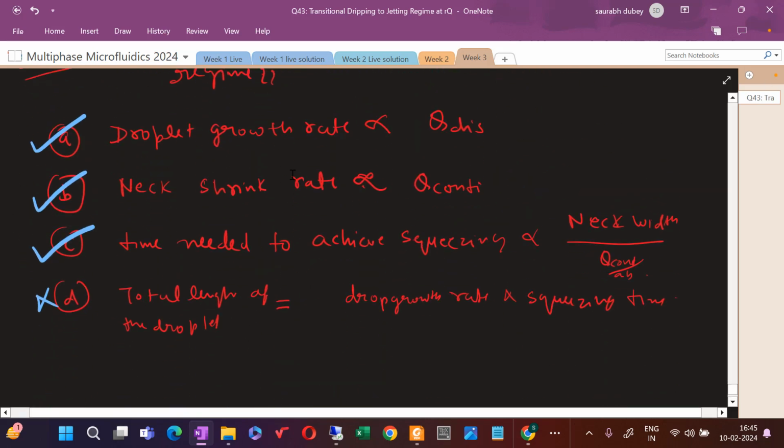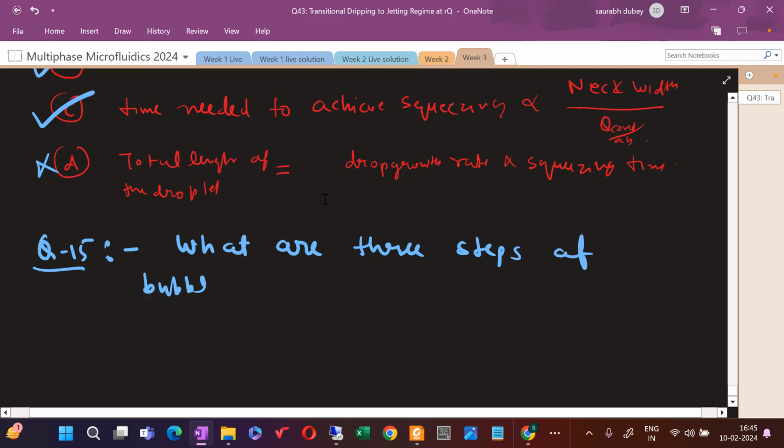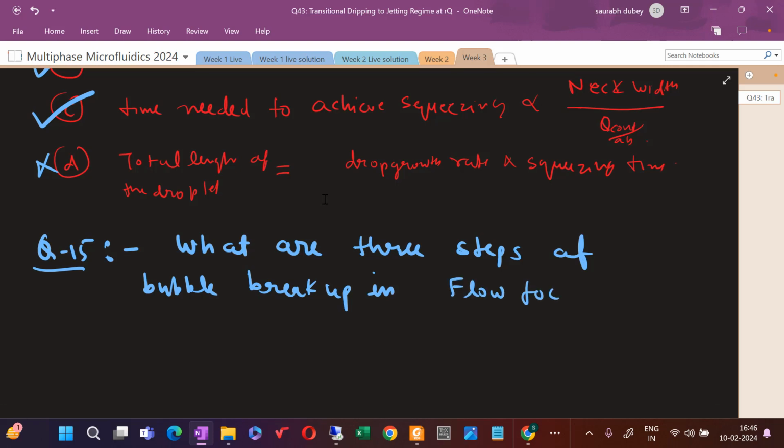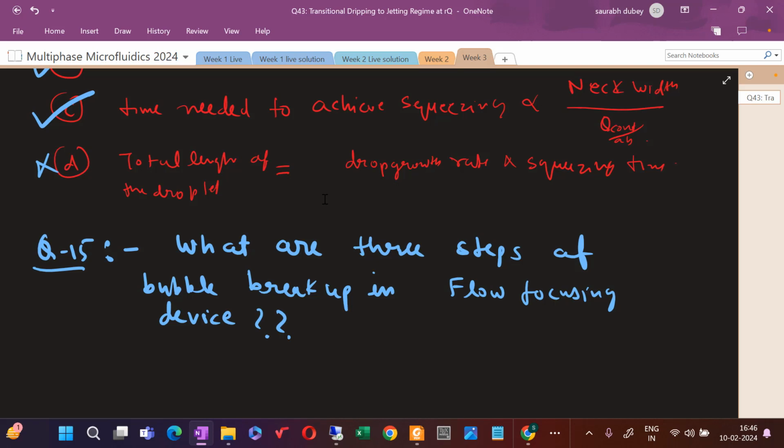What are the three steps of bubble breakup? Question number 50. What are the three steps of bubble breakup in a flow focusing device?